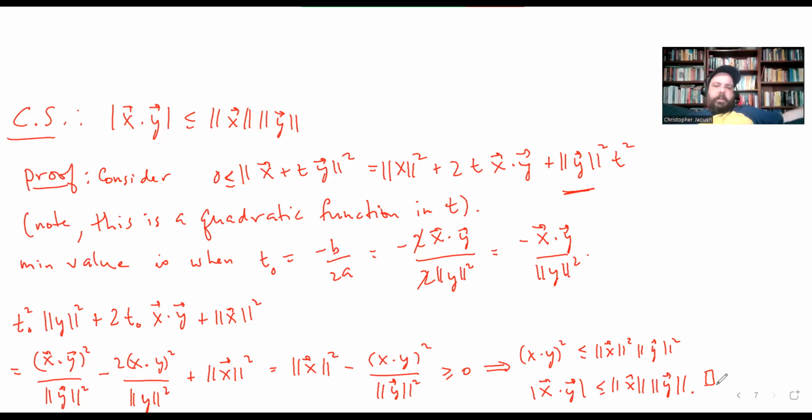Okay, and equality holds if and only if one is a scalar multiple of the other.